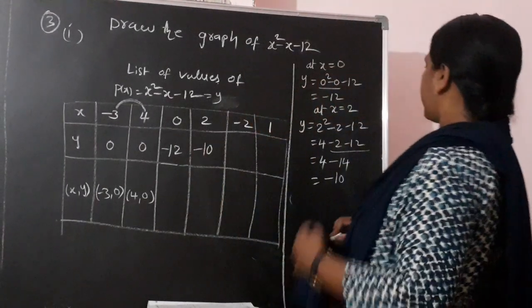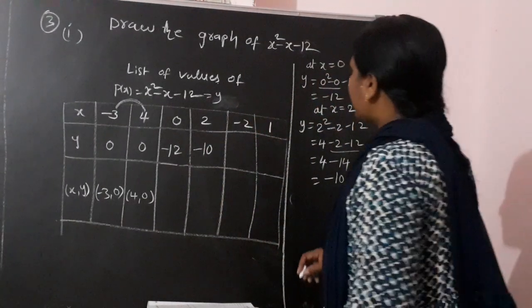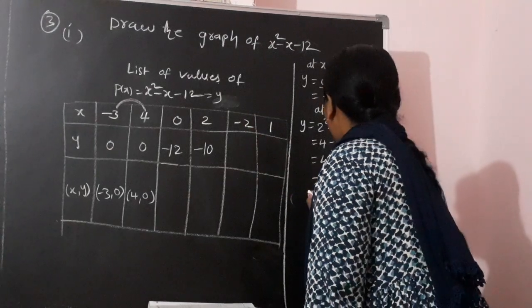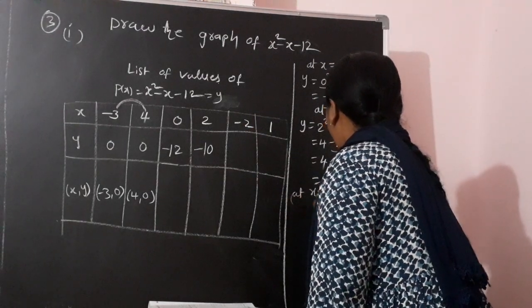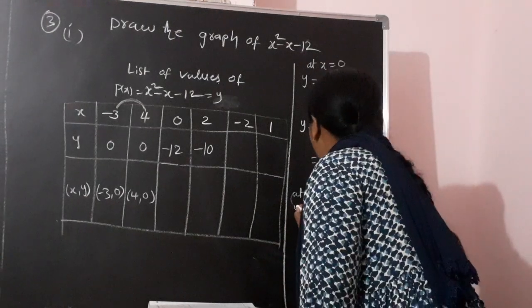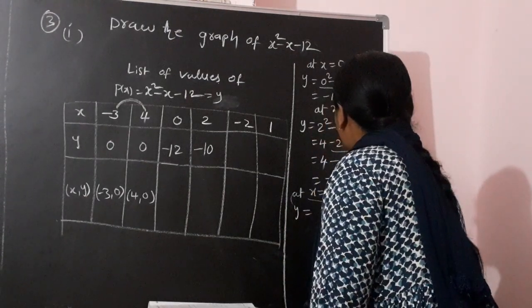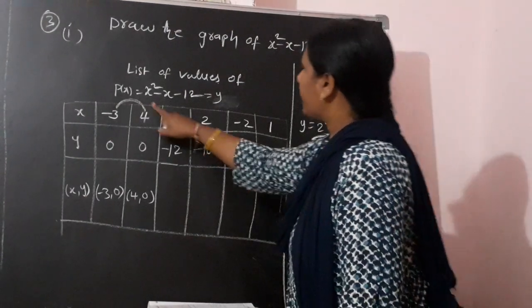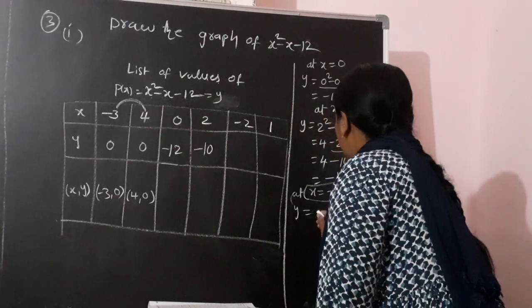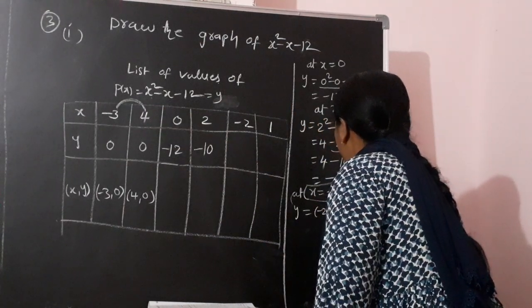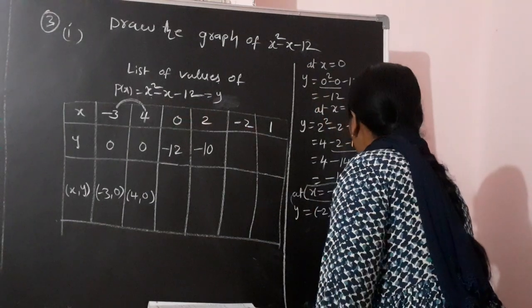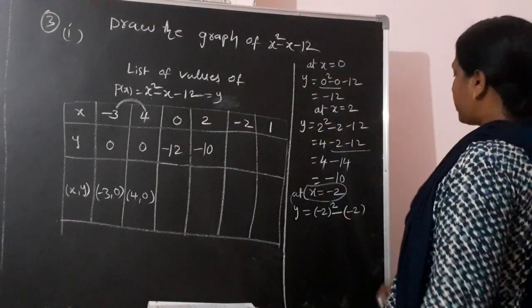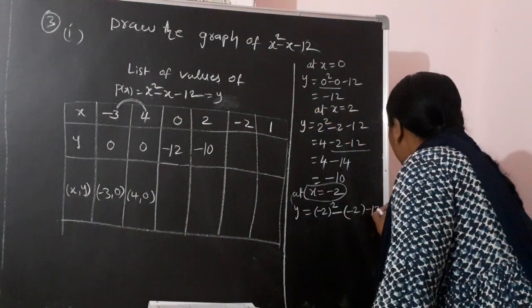Next, when x equals minus 2, what is the y value? y equals, where is x? Substitute minus 2: (minus 2) whole square, minus of x means minus of minus 2, then minus 12.